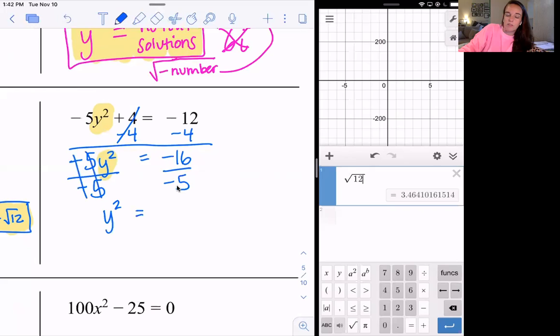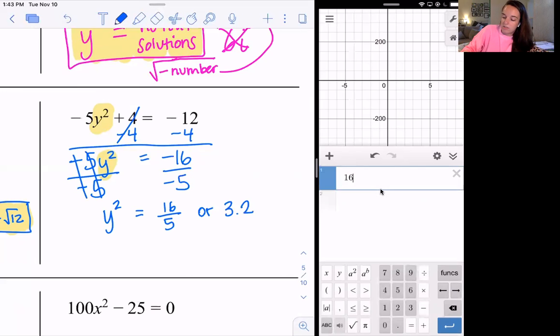I know 15 over 5 is 3, but this is not going to divide evenly. It's going to be 3.2. I'm going to leave it as 16 over 5, just like this. I'm going to cancel the negatives, because a negative divided by a negative is a positive number. If you want to write it as 3.2, you can. If you don't know that, you can also just do 16 divided by 5 in a calculator, 3.2.